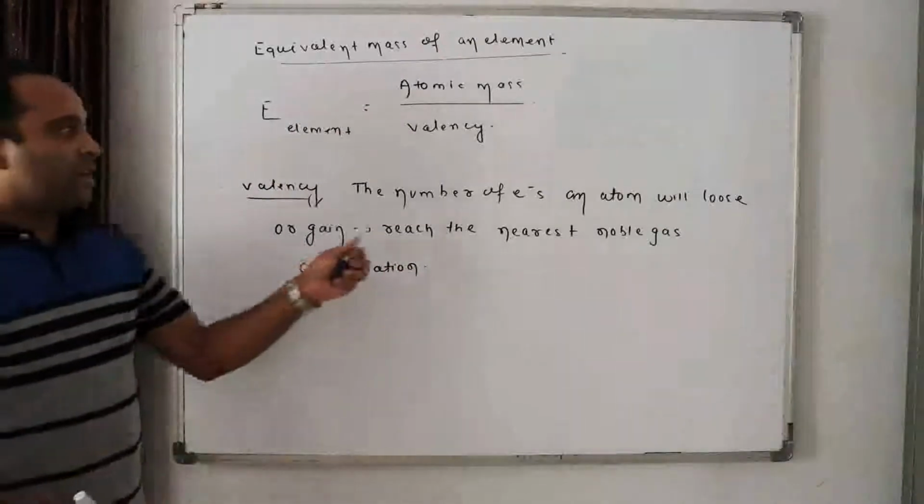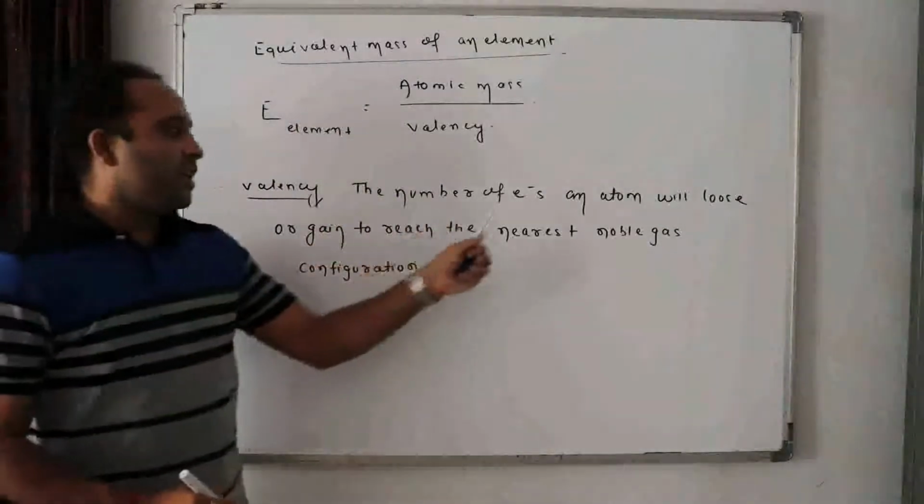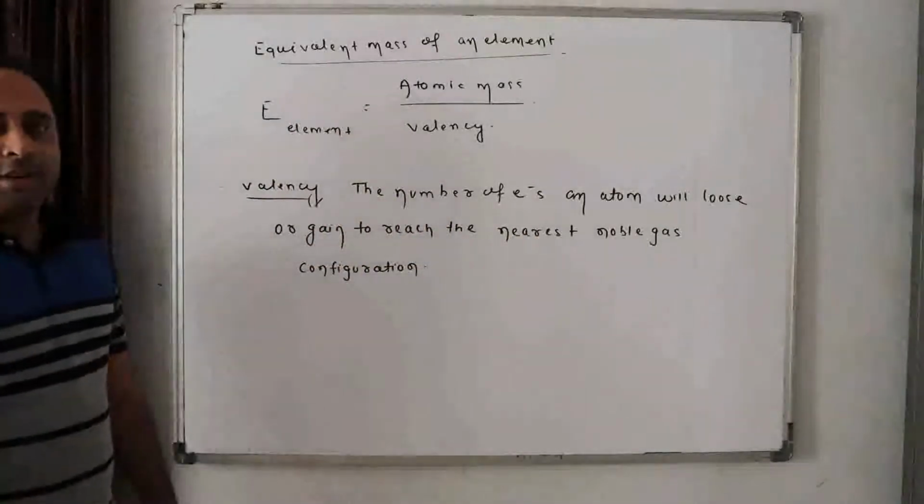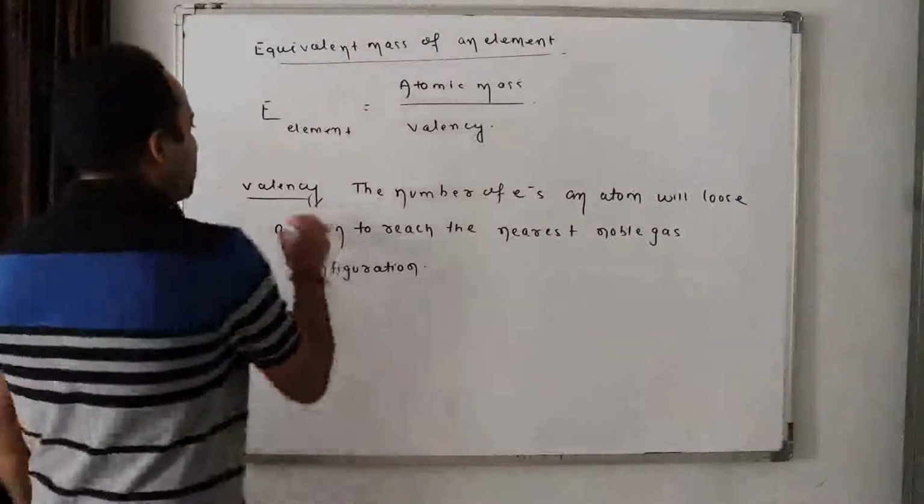The number of electrons an atom will lose or gain to reach the nearest noble gas configuration. Then that is called valency.